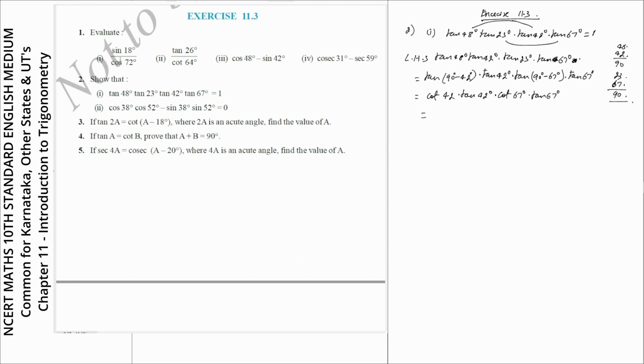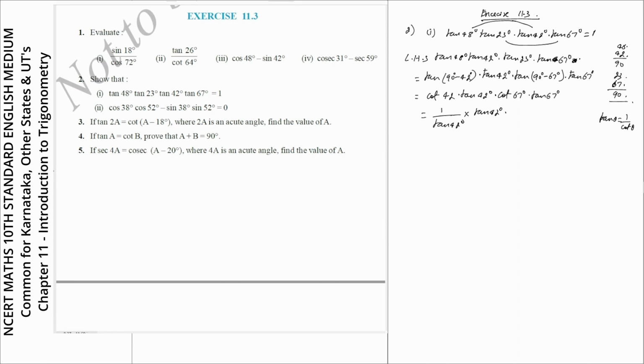Now what is the relation between cot and tangent? Tan theta is equal to 1 by cot theta. They are inversely related. So now cot of 42 I can write as 1 by tan 42 degree into tan 42 degree, which I'll write as it is.